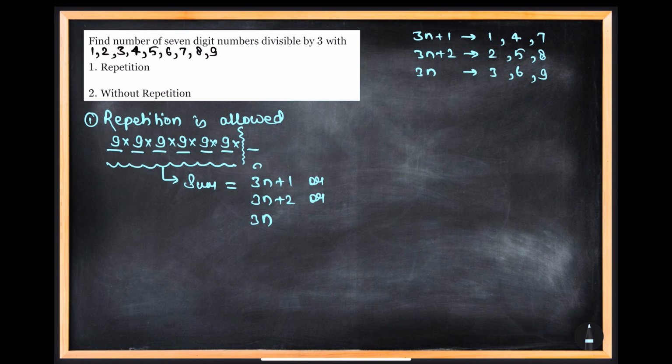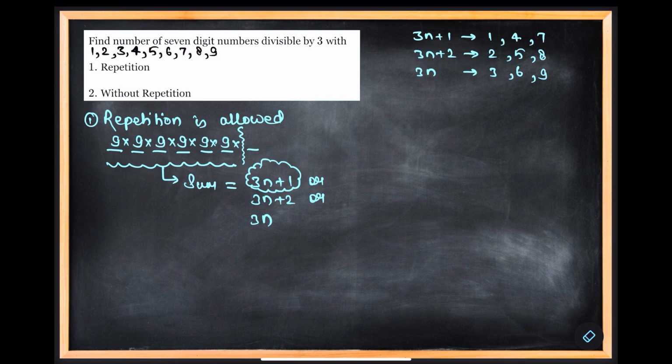Okay, now look at this. If the sum becomes a 3n plus 1 type number, you have to take a number from 3n plus 2 because one place is empty. So if the sum comes out to be 3n plus 1 type, you have 3 choices under that condition.